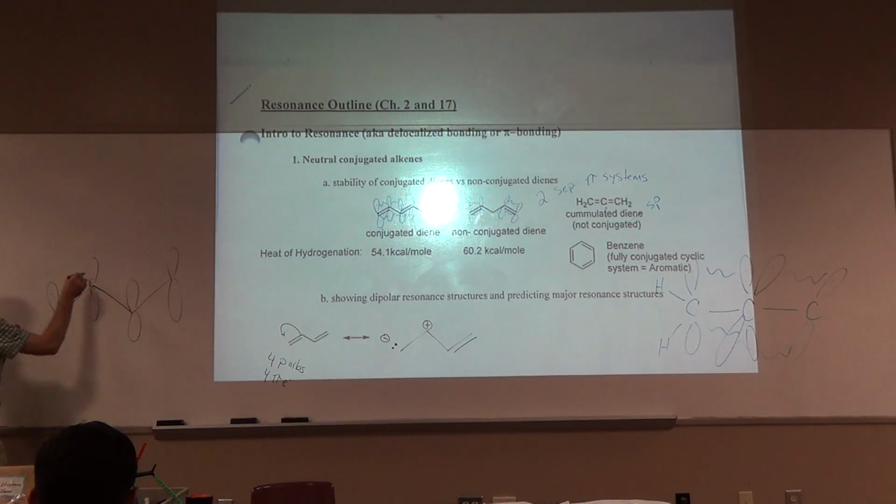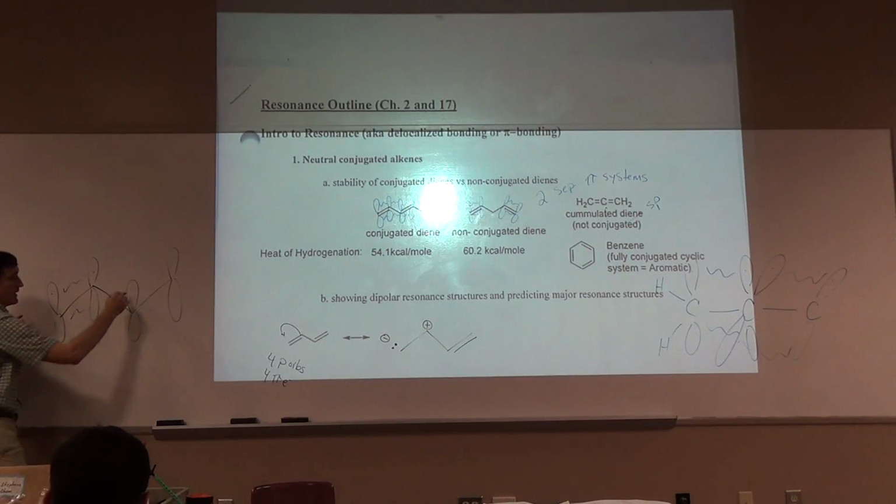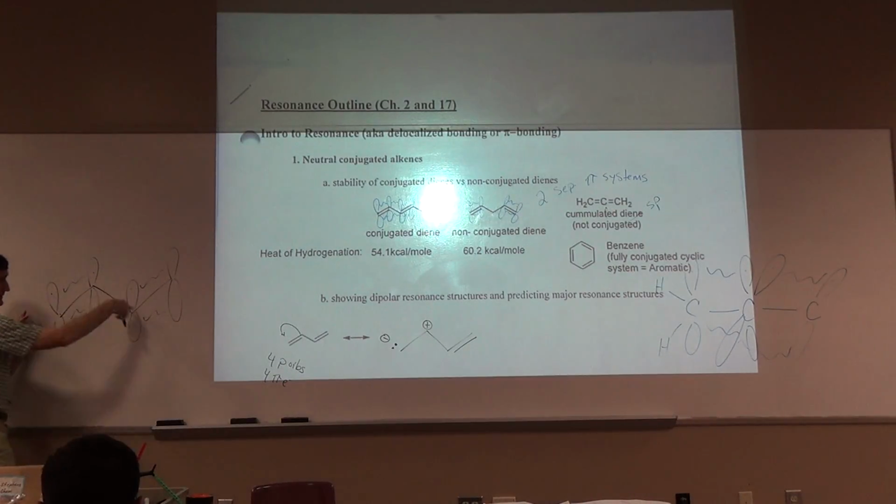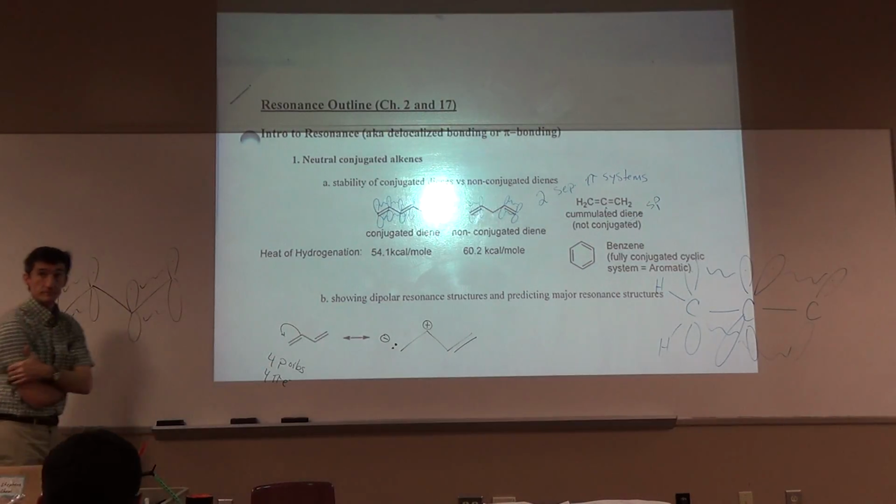I could put 1 there, 1 there, 1 there, 1 there. And if I did, I could then say, well, 1 electron overlap, make a pi bond, and a pi bond here. And which structure does this look like of those 2? This one.